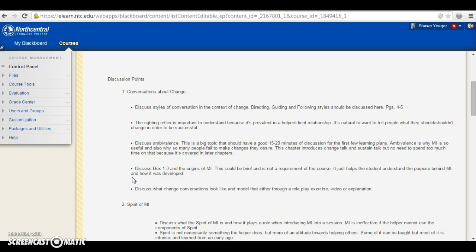MI is going to be a huge help, and I think it will give you an advantage over others who don't have the experience or the education in MI. And so what we're going to be covering in the first couple of chapters here are the basics. We're going to discuss what MI is. So there are a couple of different styles of conversation: directing, guiding, and following.